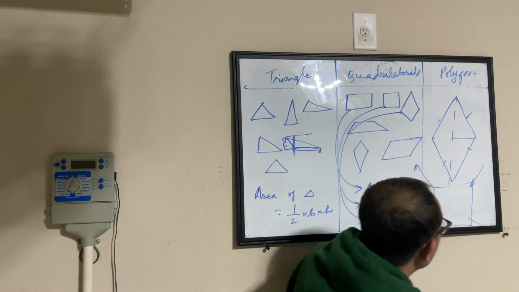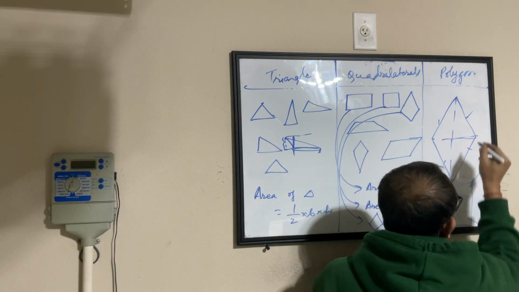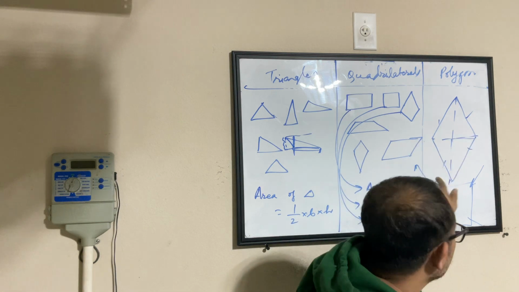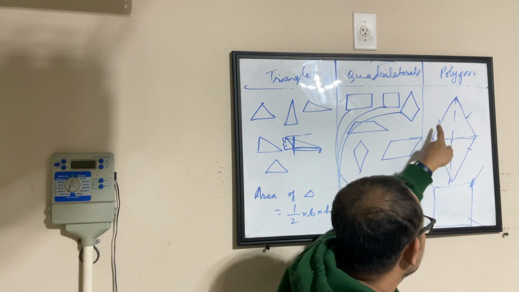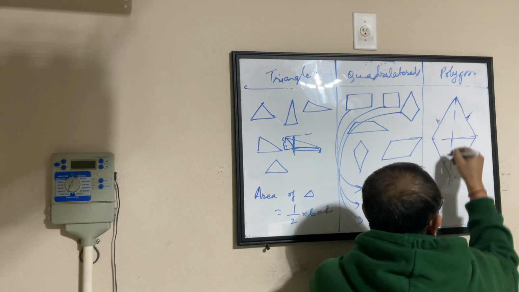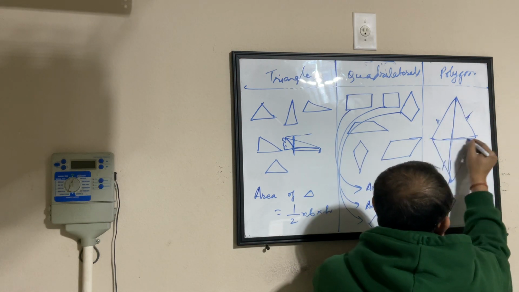If you visualize this further, the property that we need to know is that rhombus has all 4 sides same as square, but the angles are not 90 degrees. When you join the 2 opposite corners of a rhombus, these are called diagonals.